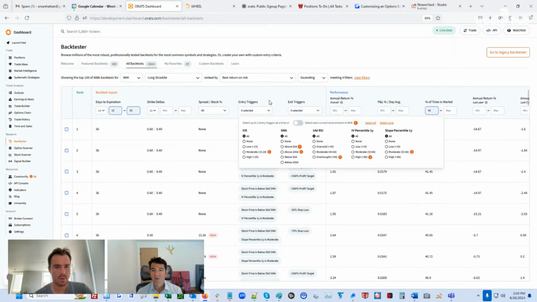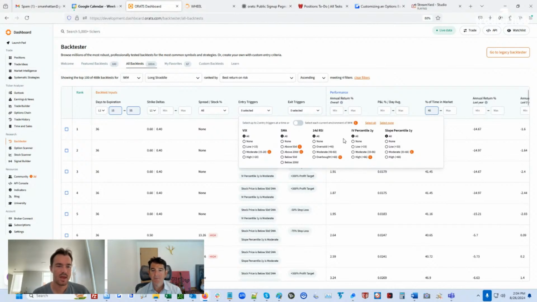As Matt's pointing out right now, the new backtest finder allows you to search for entry triggers, but only these ones right here. So the VIX, simple moving average of the stock, the 14-day RSI of the stock, and then the IV percentile and slope percentile for 1 year of that stock.